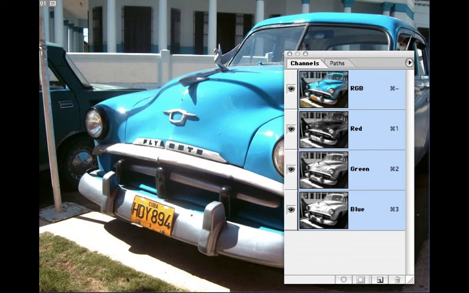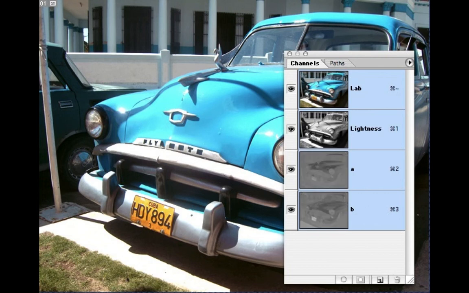And there's work involved in that. Whereas to get a black and white version of an LAB image, you can just ignore the color information.